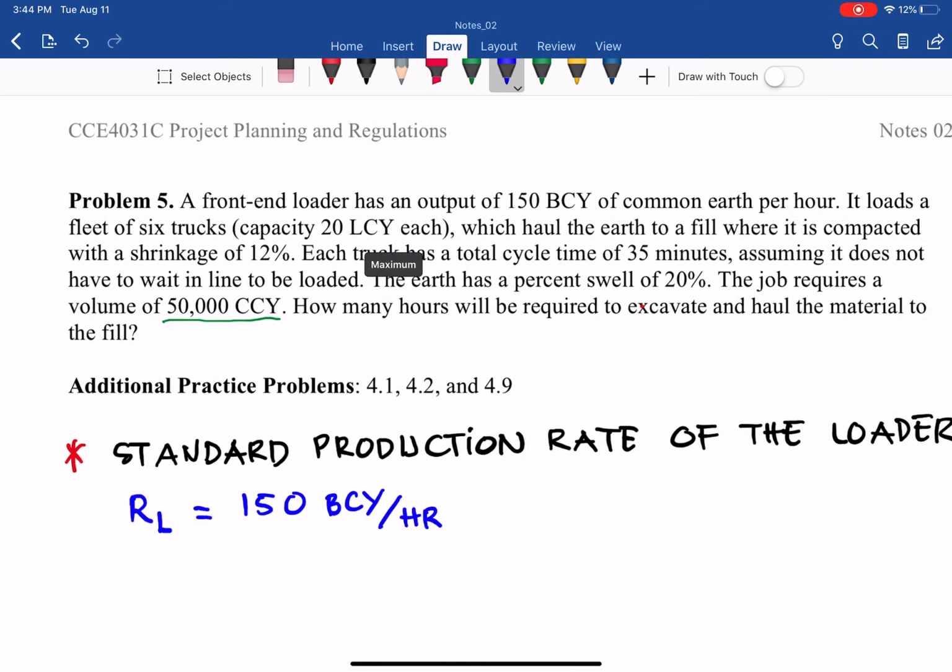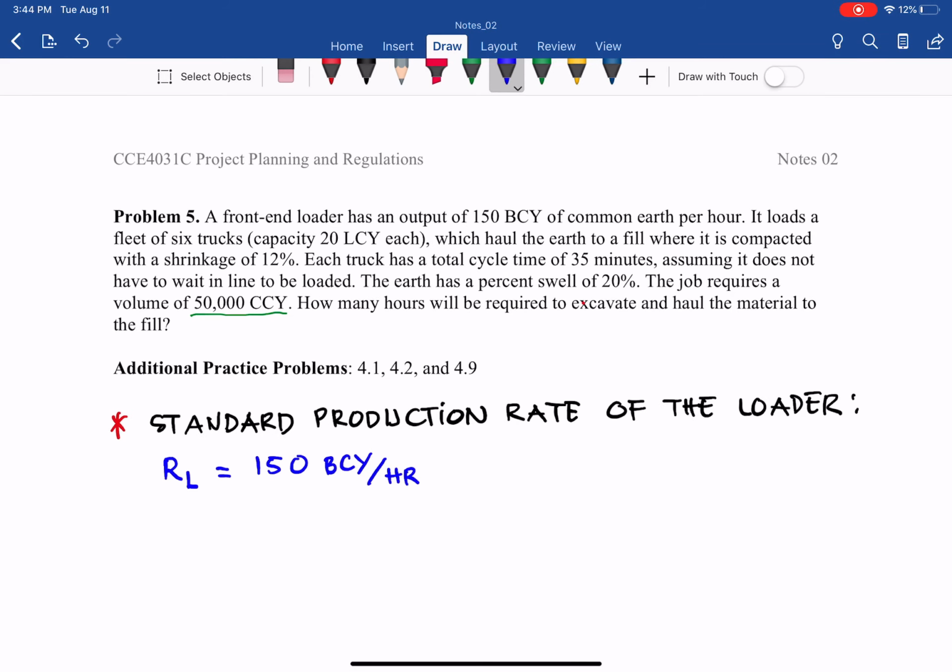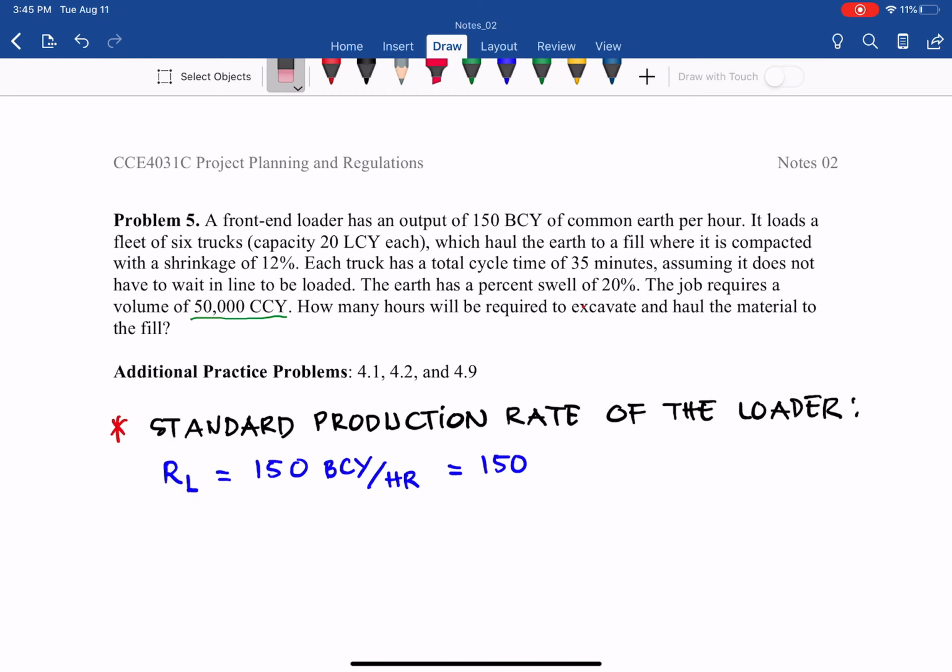And because the truck is in loose cubic yards, you may consider changing that into loose cubic yards. So if you recall, it will be 150 BCY, and then we have to multiply by 1 plus the swell percent, so that the volume increases, and that is the 20% that you have there.